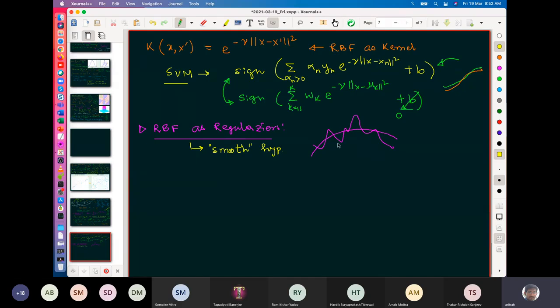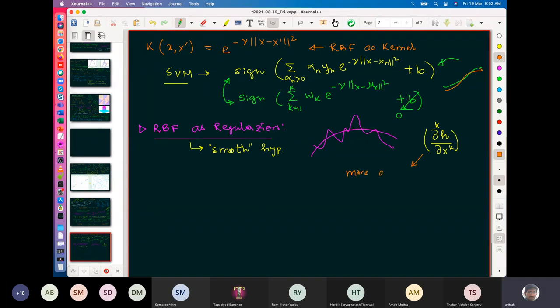What does smoothness mean? If you take the kth derivative of the hypothesis with respect to the points, the more abrupt it is, the less smooth it is. Agreed with this philosophy?